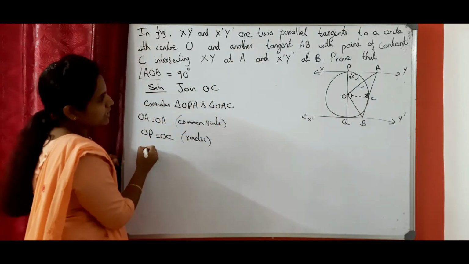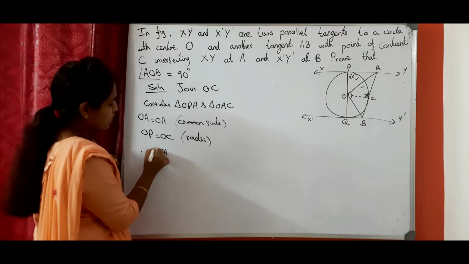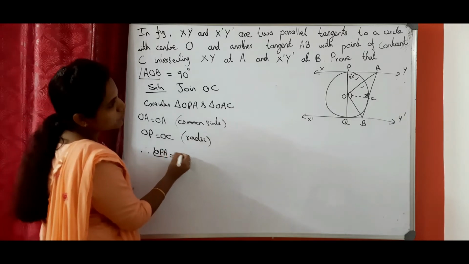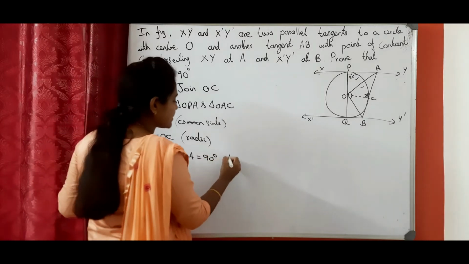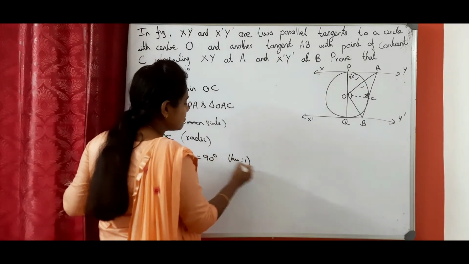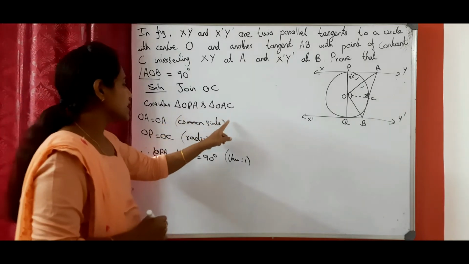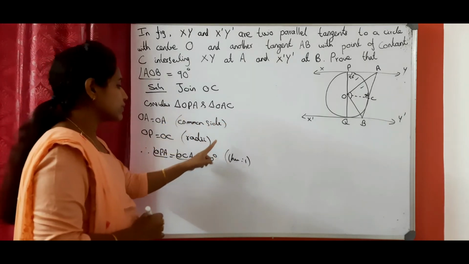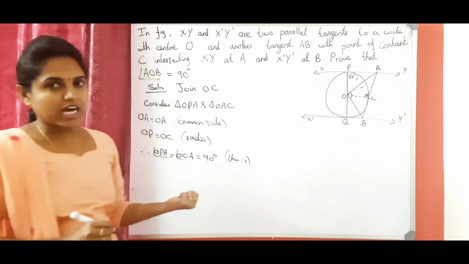Using theorem 1, therefore angle OPA equal to angle OCA equal to 90 degree by theorem 1. Now what do we have in the two triangles? We got corresponding two sides equal and the corresponding one angle is 90 degree. Now we can apply the RHS theorem.